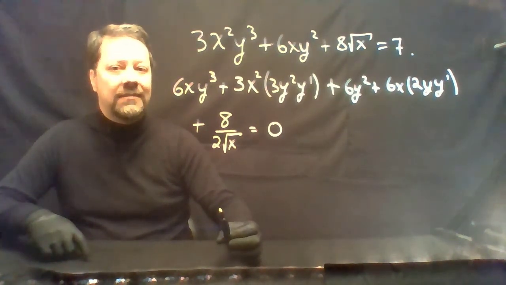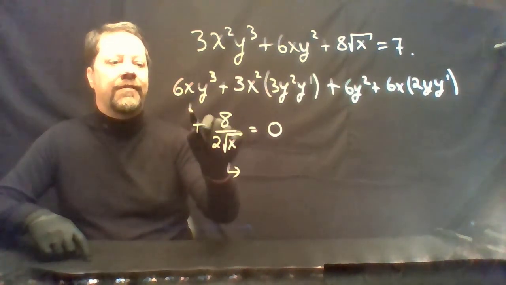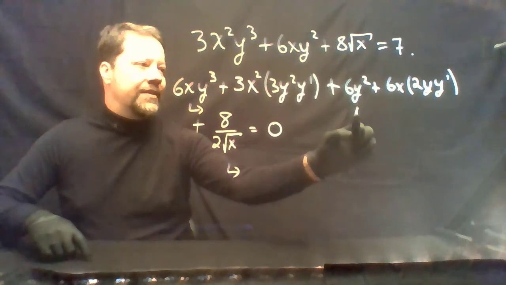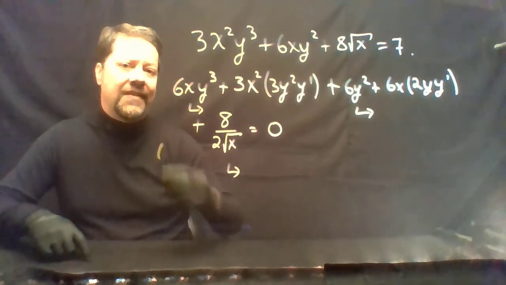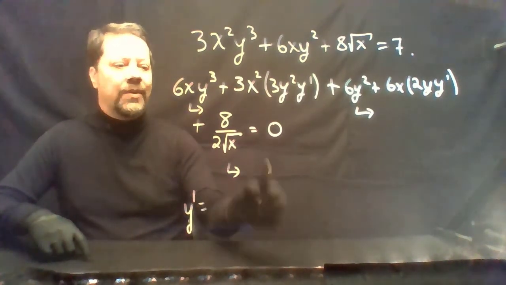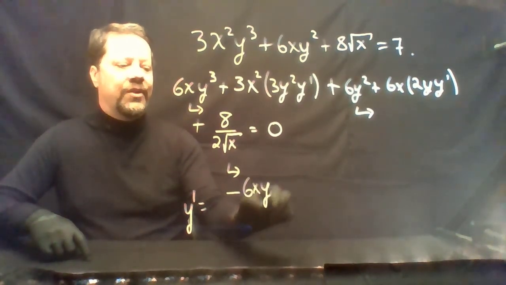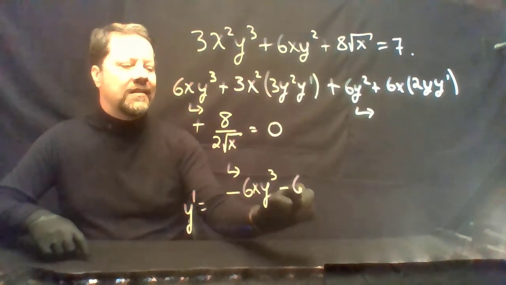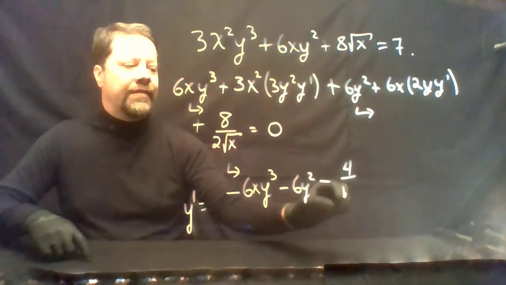We're not done. At this point, we need to move all terms that do not involve y prime to the other side. Factor out the y prime on the remaining terms, and then divide. We'll get y prime equals, we'll have a negative 6xy cubed minus 6y squared minus 4 over the square root of x.